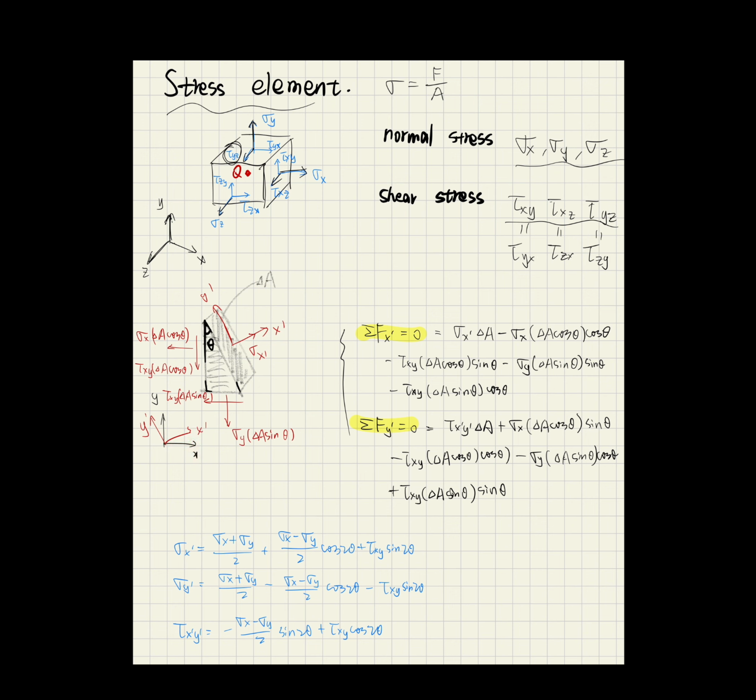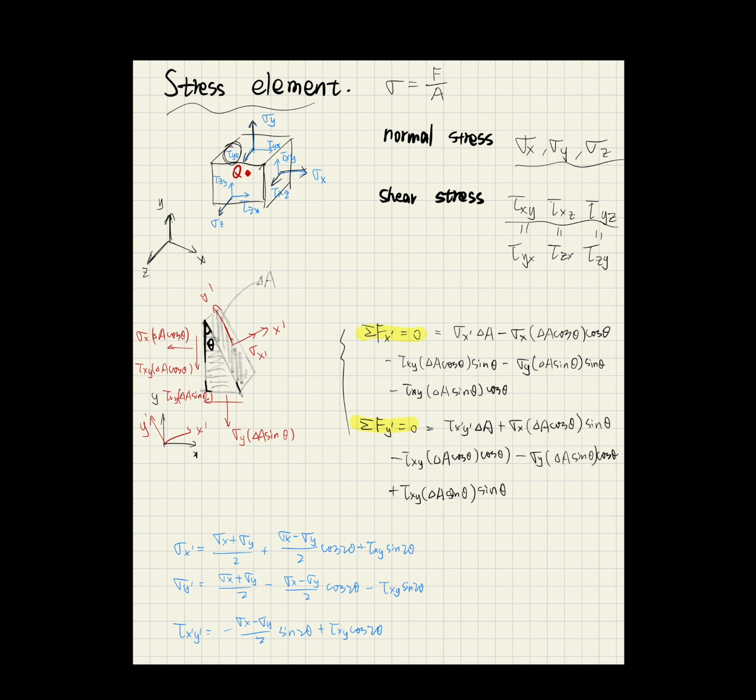Now for this coordinate system, we can easily derive the force pointing here is sigma y times this area, which is delta A times sine theta. And here the force should be tau xy times the area, which is the same, delta A times sine theta.